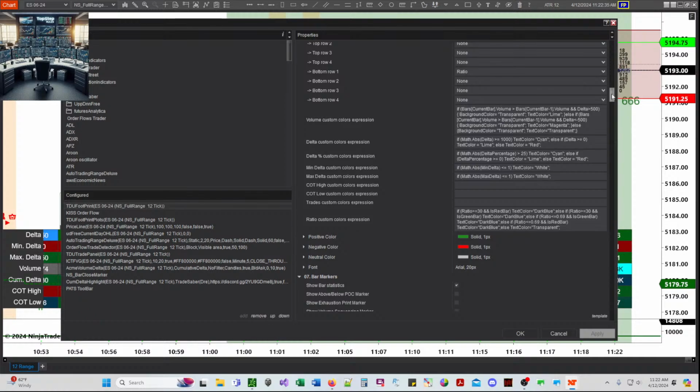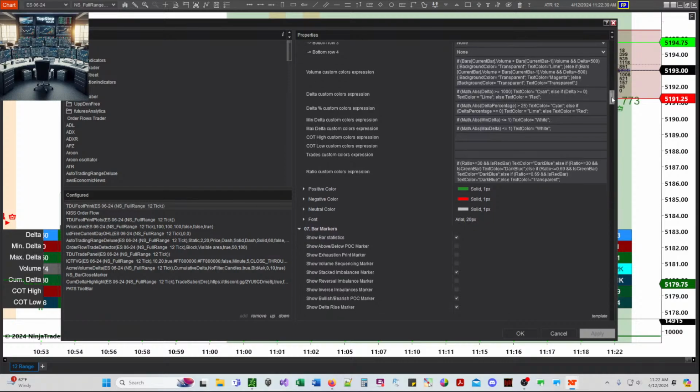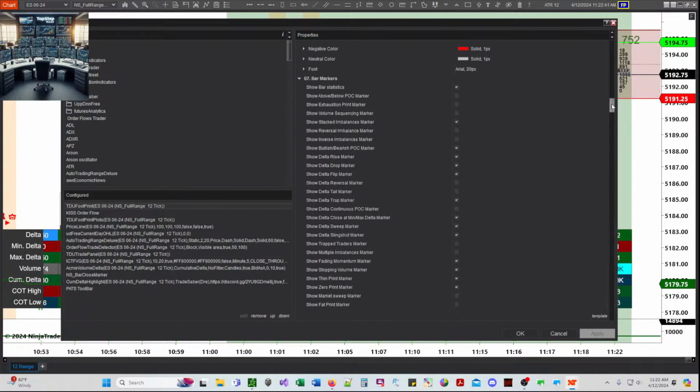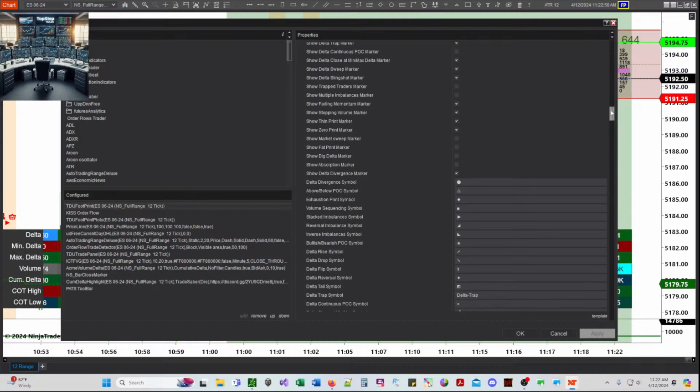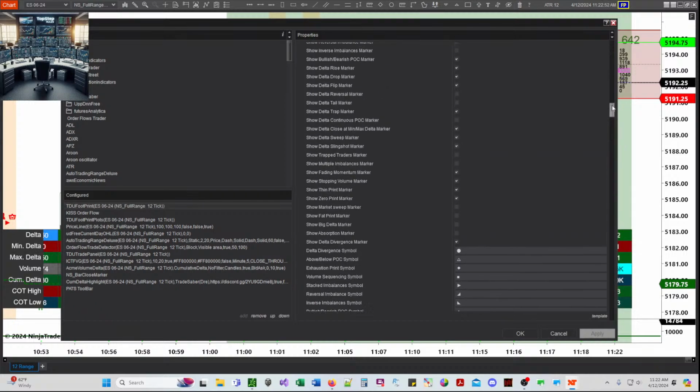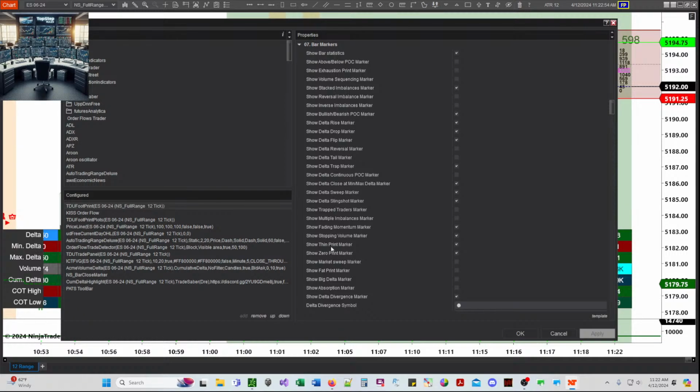I'm not that good at programming, but you can set custom alerts to whatever you want to see. And these are all of the signals that he has going on inside of TDU's footprint. Quite a few.